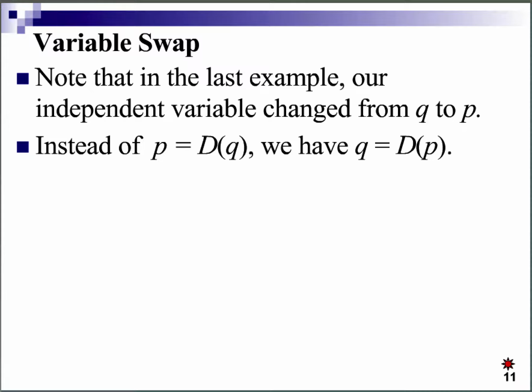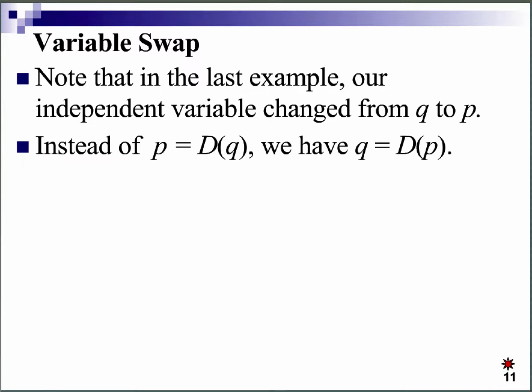One important thing to notice about the last example is the fact that we've swapped the variables and the positions that they normally take. In the last example, our independent variable changed from Q, as it was in previous topics, to P. So now we're thinking about the price being on the horizontal axis.